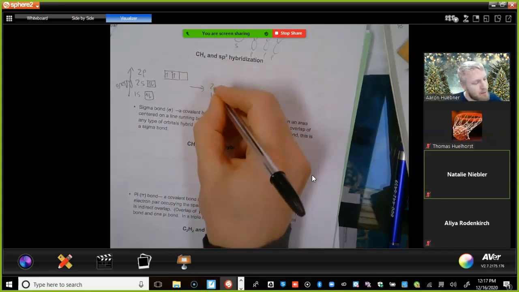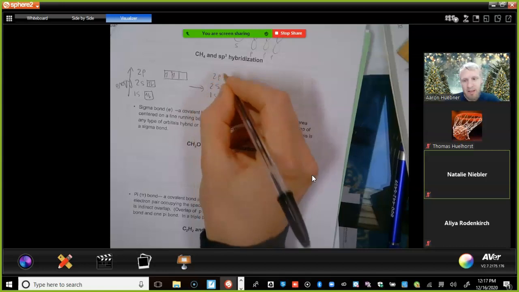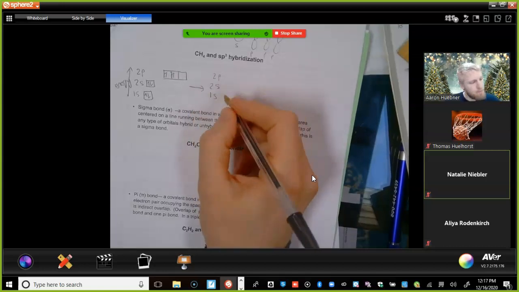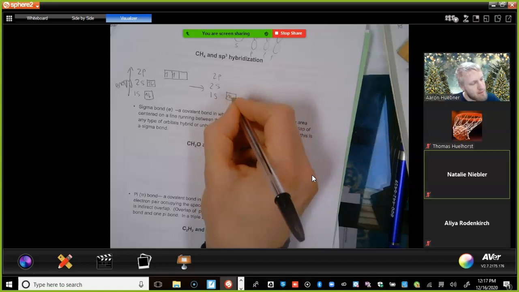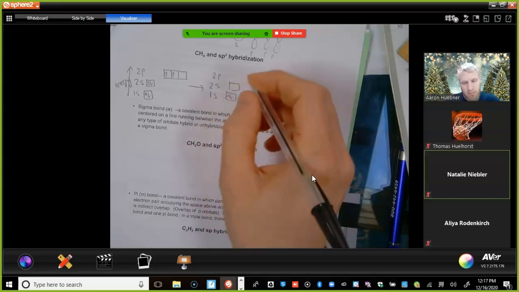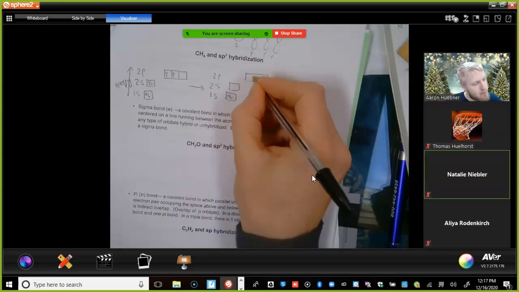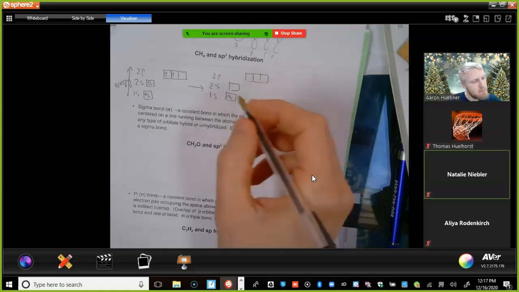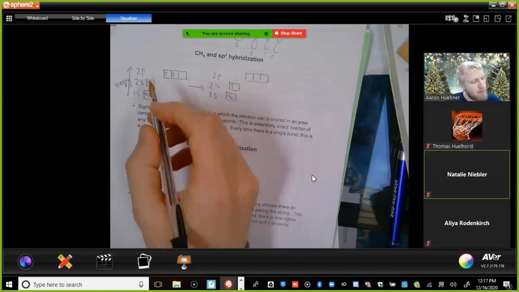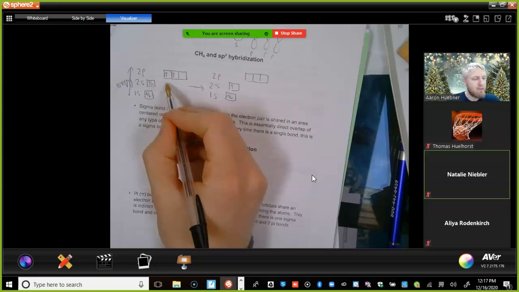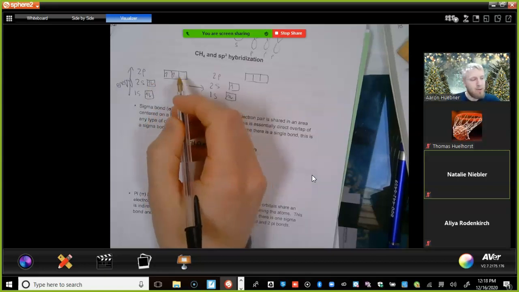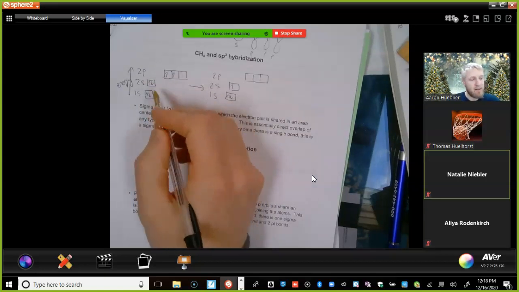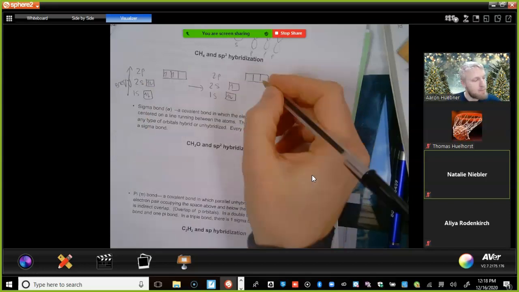We got 1s, 2s, and 2p. 1 box, 1 box, 3 boxes. What happens is one of these electrons in the s is going to float over here, and they're going to mesh together in one hybridized orbital.